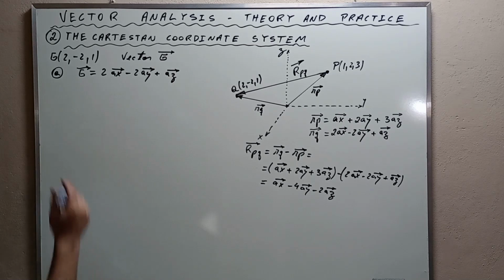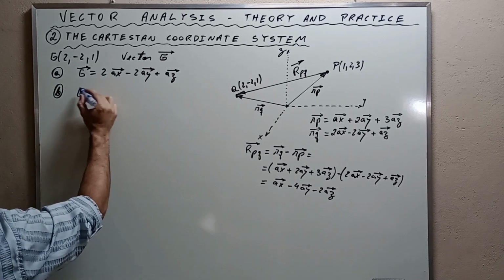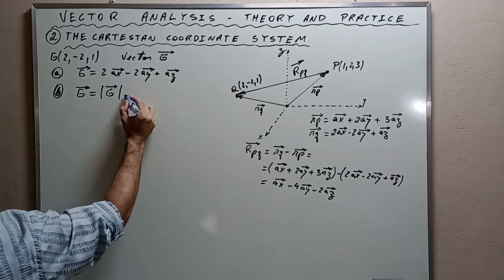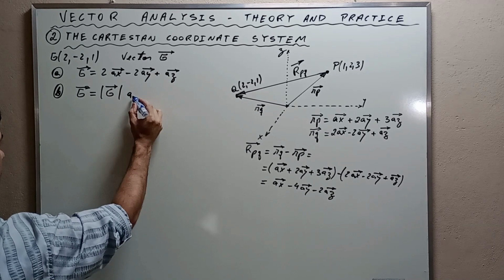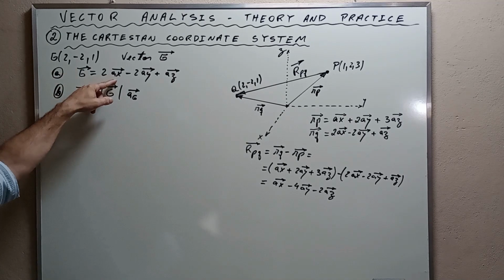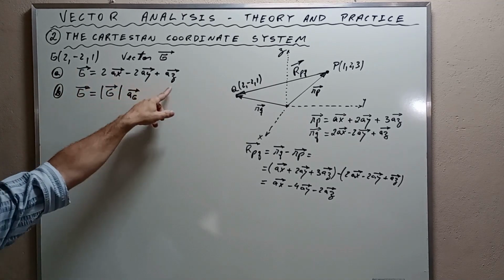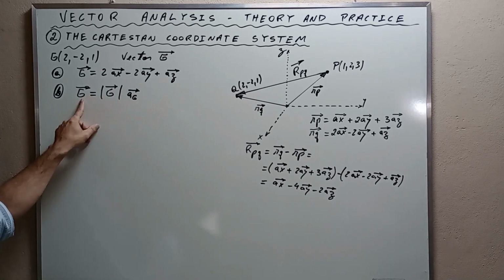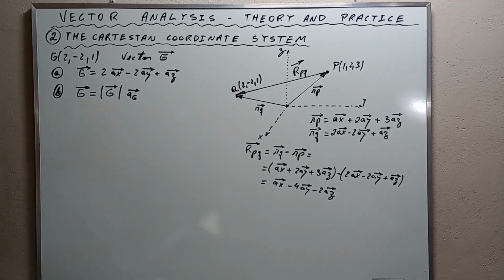The second, as we just saw, we write it in terms of the magnitude and the direction. G equal to the magnitude of G times AG. AG is not in the x direction or in the y direction or in the z direction. AG is in the direction of the very vector.